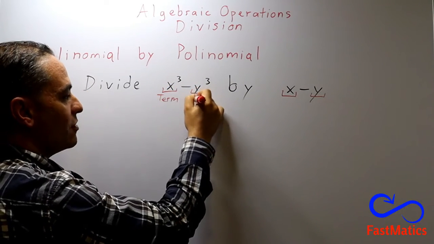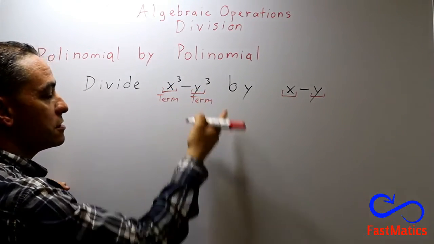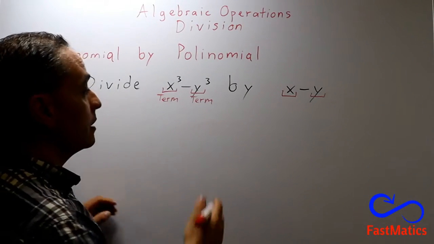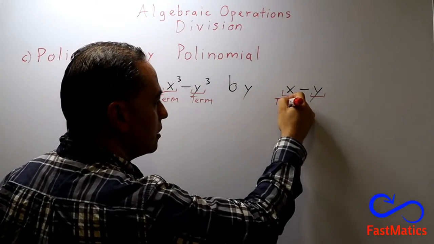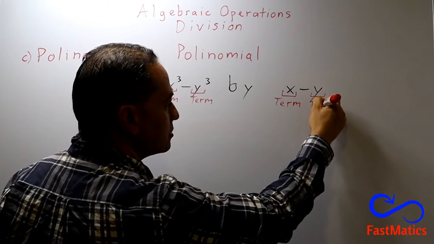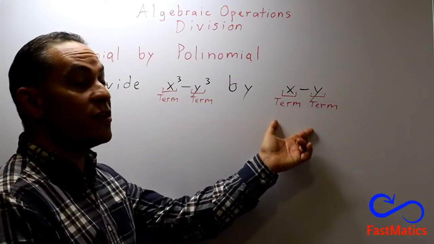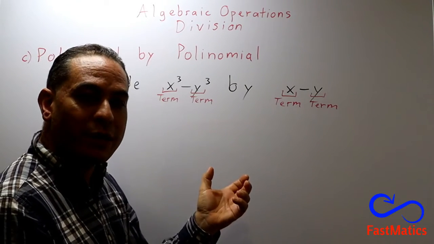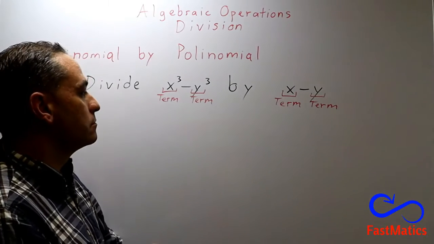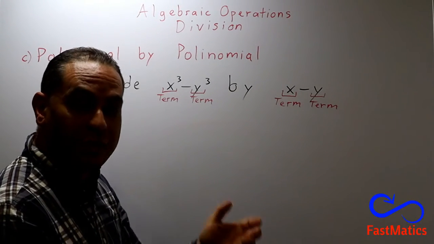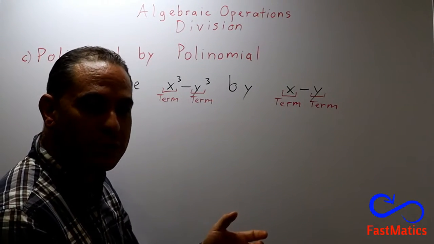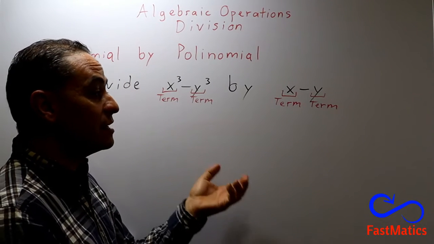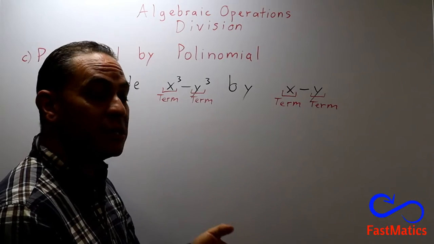Remember, when you have two terms or more, you are talking about a polynomial. Also here, one term, another term, so another polynomial. And if you have a polynomial divided by a polynomial, it is very important to consider that you have to make a long division.